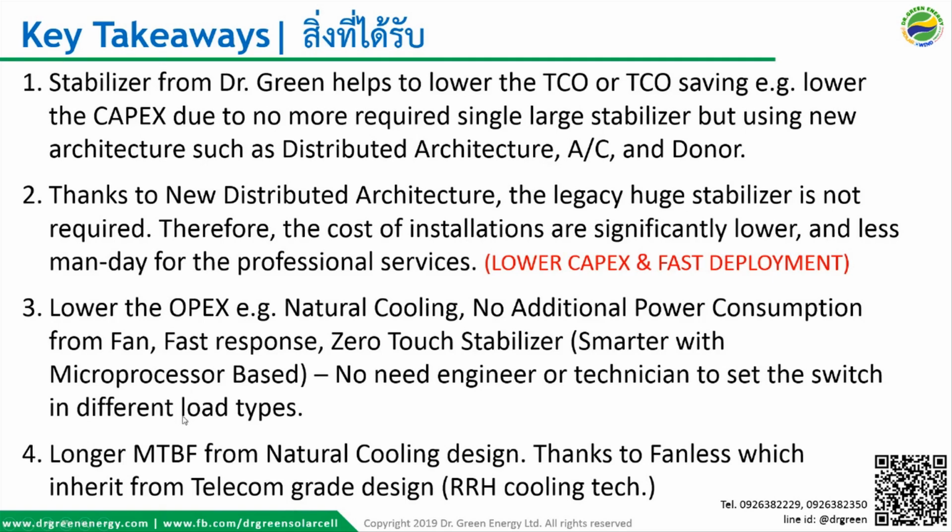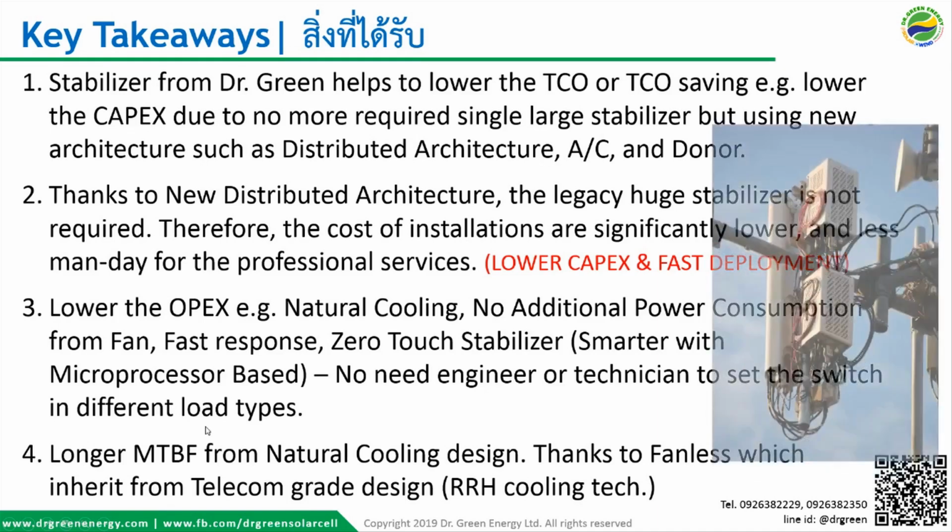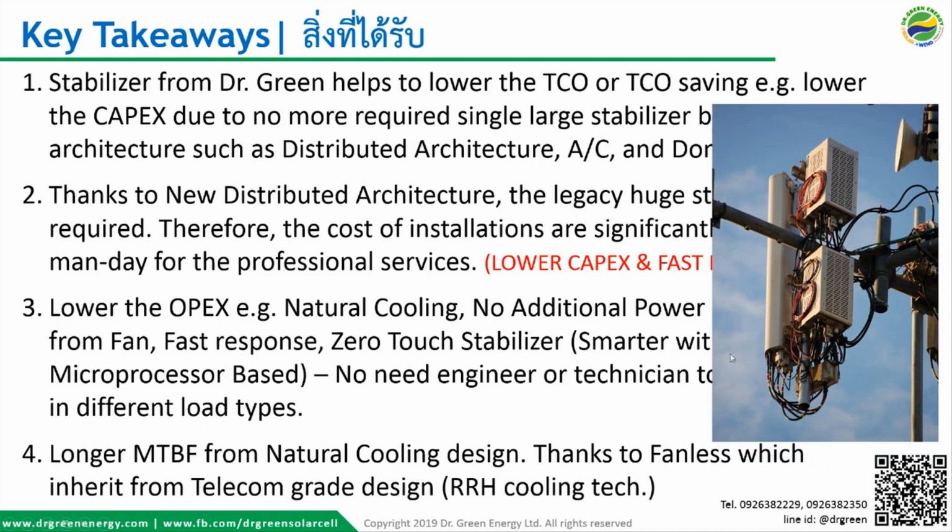And with no cooling fan, as we use the design from telecom grade, because the telecom equipment is installed on top of the tower, where the height is sometimes above 30 meters from the ground, or maybe about 100 meters from the ground.